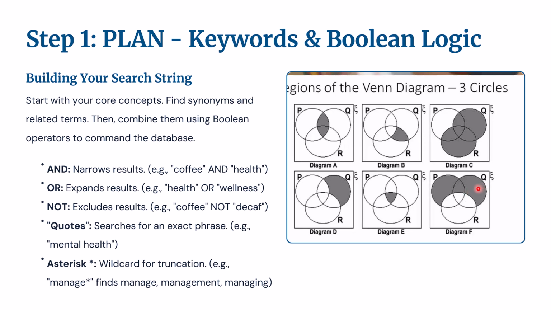Also here is the same, we have P and Q, not R. That is why everything that includes R will be excluded. Okay, that is how we combine our keywords.